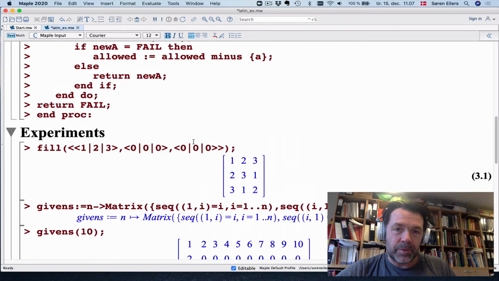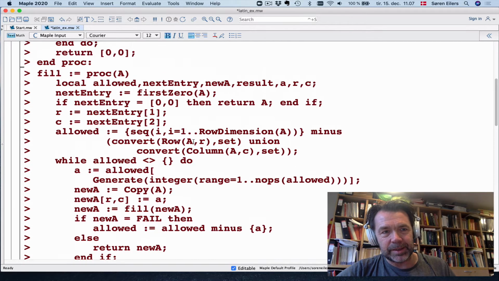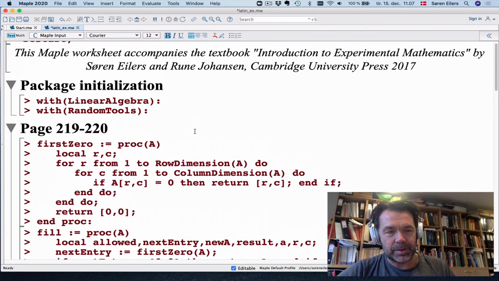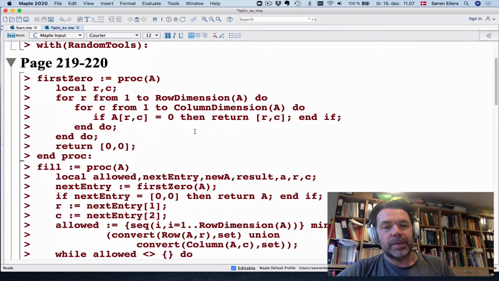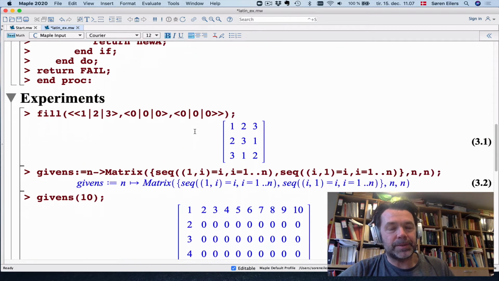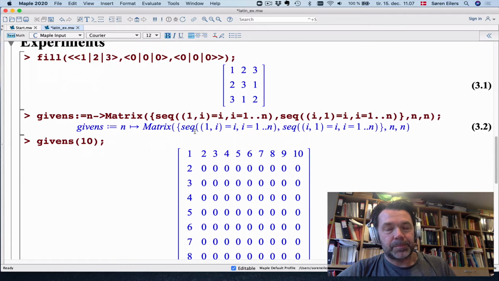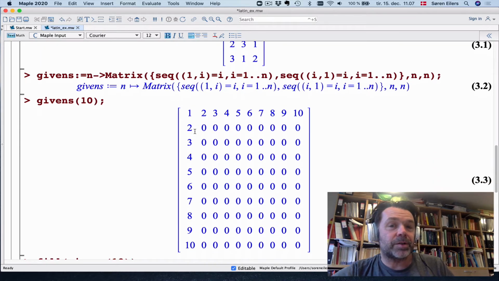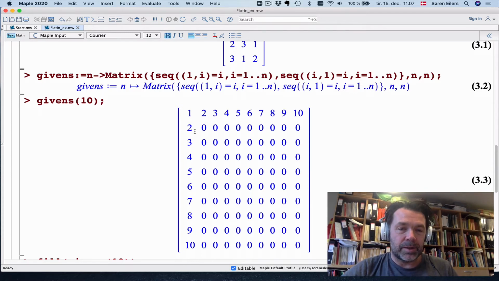And now there is a program. I don't want to explain exactly how it works, but it's in the book. It takes such a partially filled out Latin square and tries to fill it out using random choices whenever it's possible.